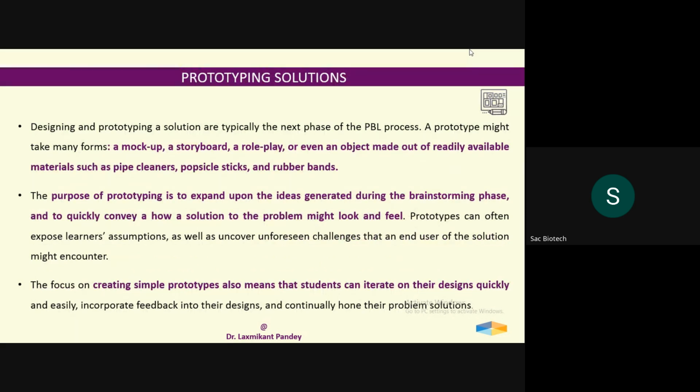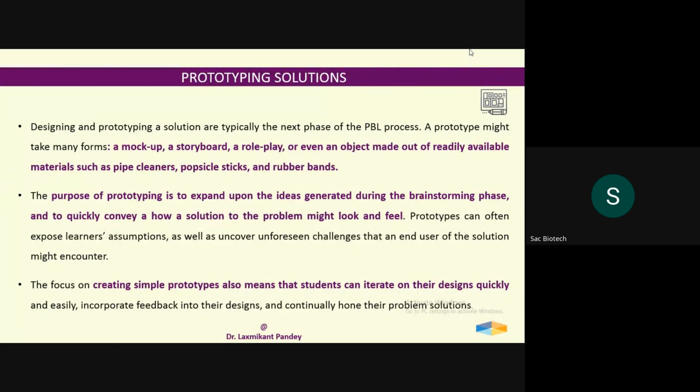Now the next is called the designing of the prototype. If you're going for designing a prototype, you can think of different ways, a few of which I mentioned over here, like a mock-up test, storyboard, role play, or even an object made out of readily available materials such as pipe cleaners, popsicle sticks, and rubber bands. Means you can think of a variety of solutions for any problem.